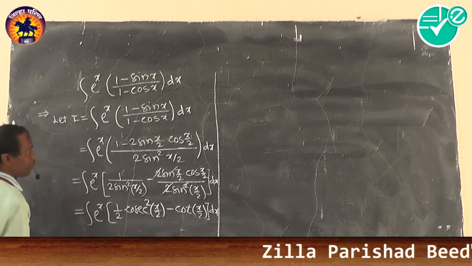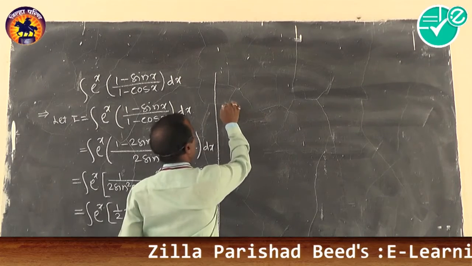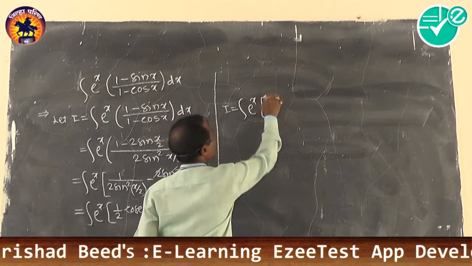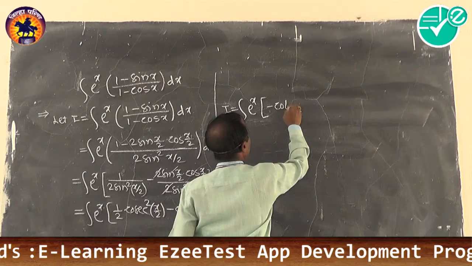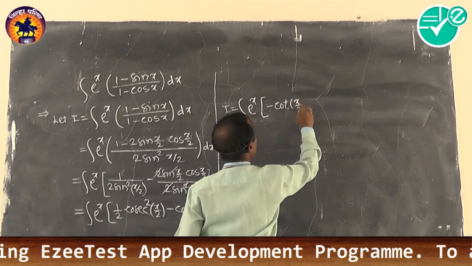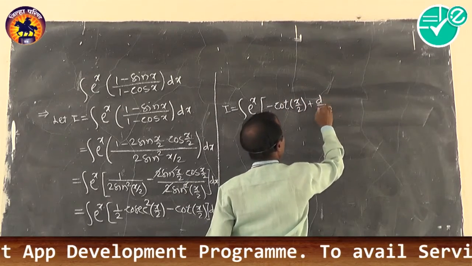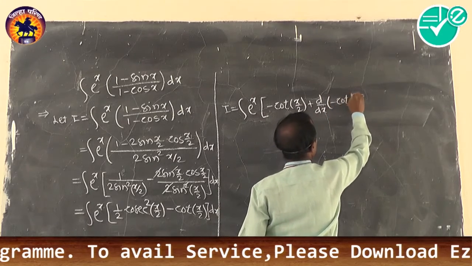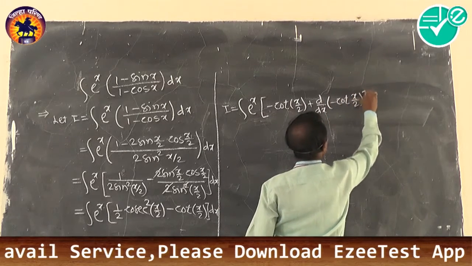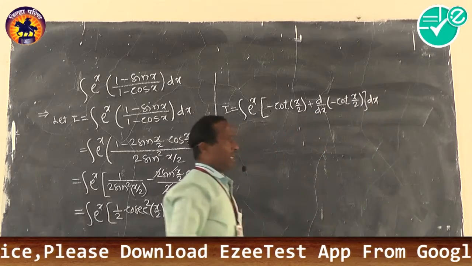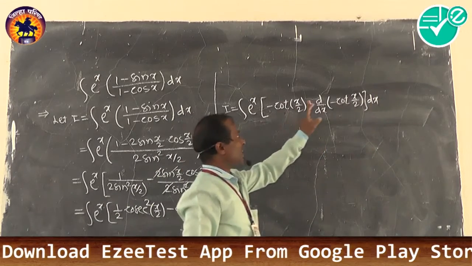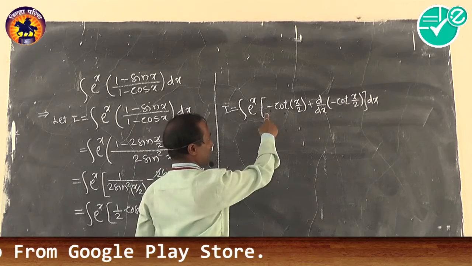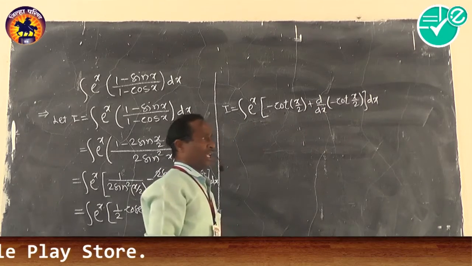So we get I is equal to integral of e raised to x into (minus cot x by 2 plus d by dx of minus cot x by 2) dx. Here first function f of x is minus cot x by 2, plus the derivative of minus cot x by 2.